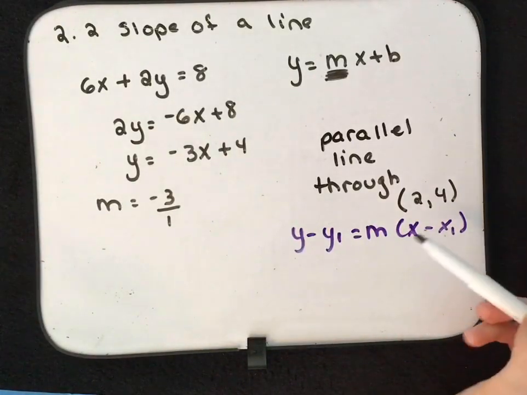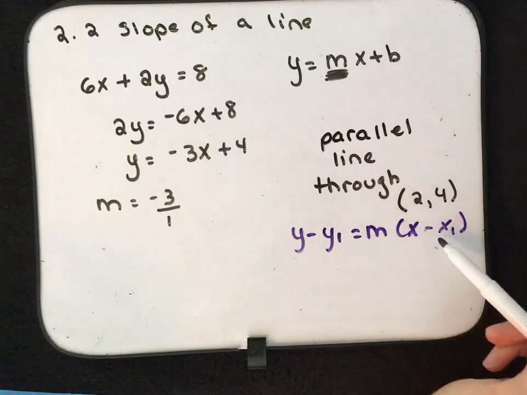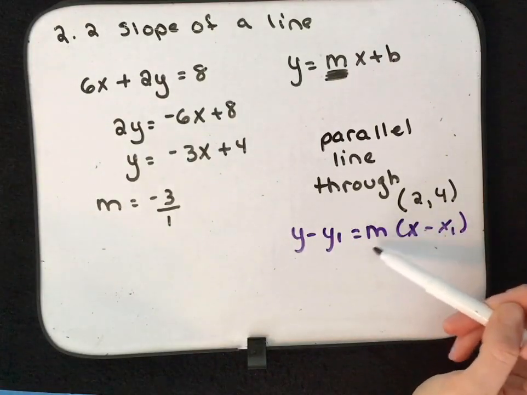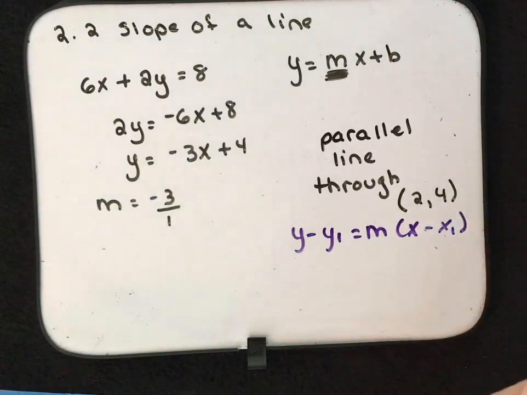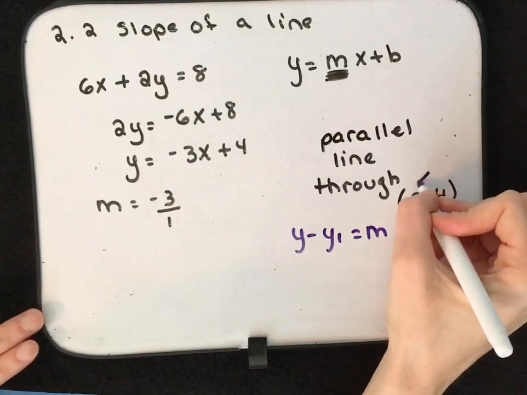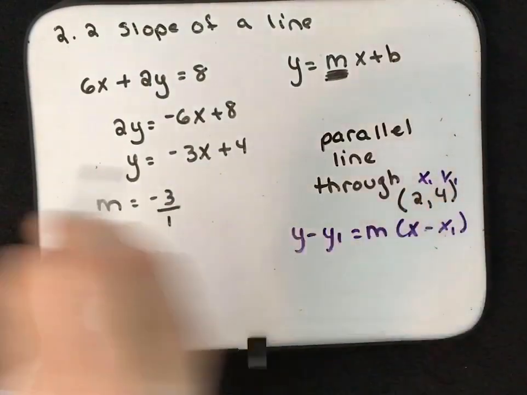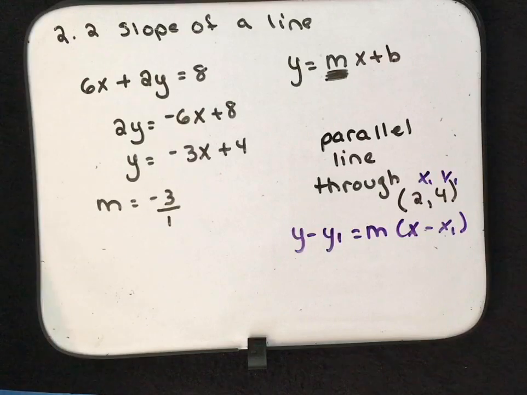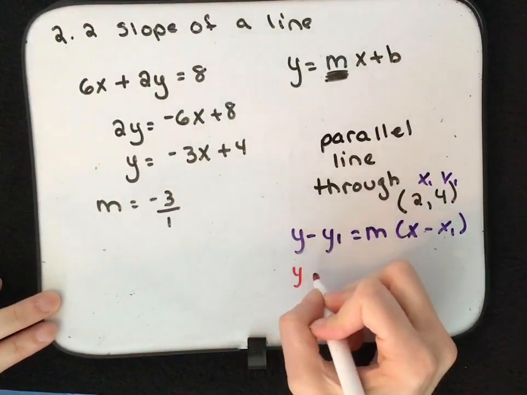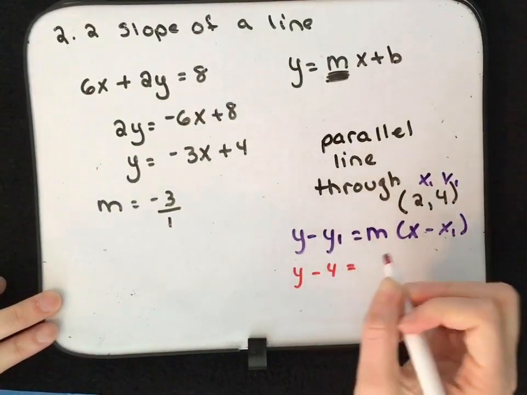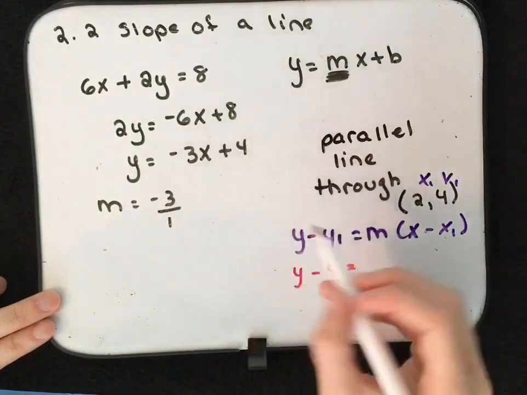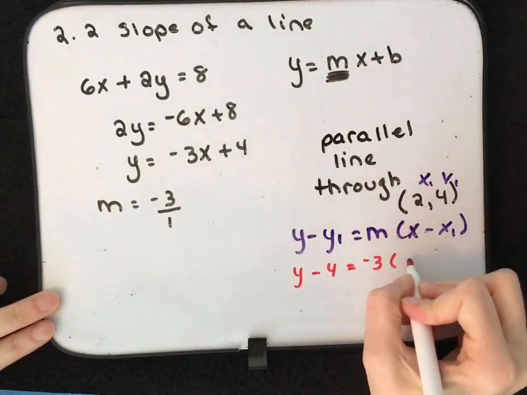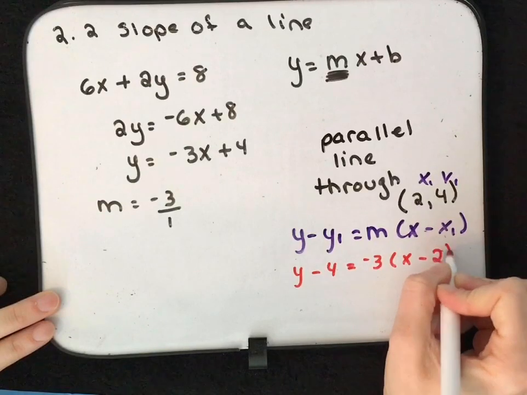It is called point slope form because it uses a point, x1, y1, and it uses a slope, which in this case is our m. So we can substitute everything in. Here's our point, so here's x1 and here's y1. So substituting in our values, we have y minus 4 equals, we want parallel, so use our same slope from before, and then we have x minus 2.